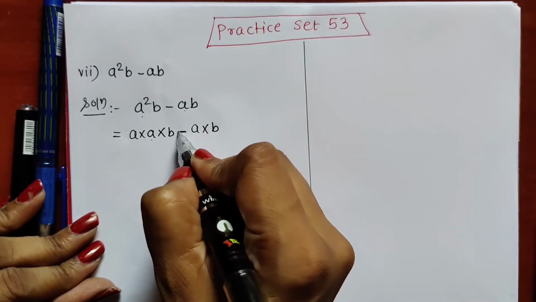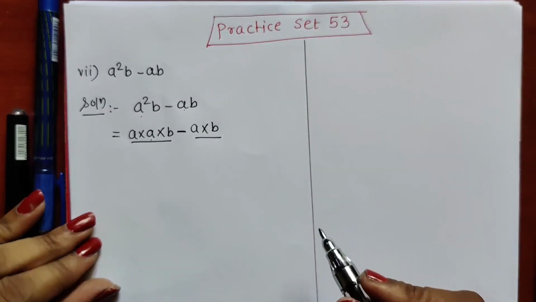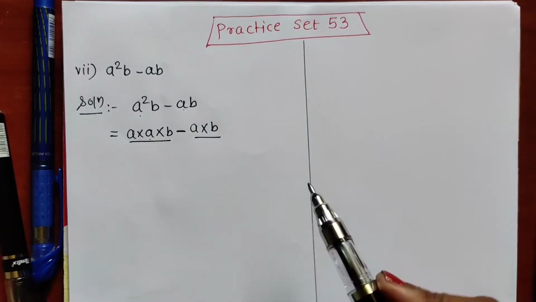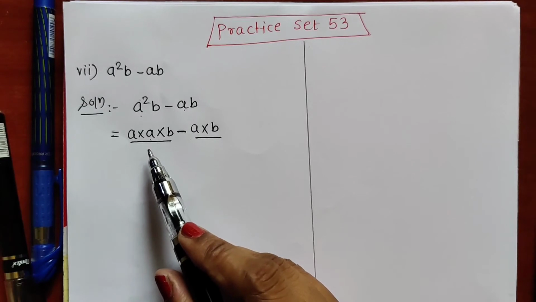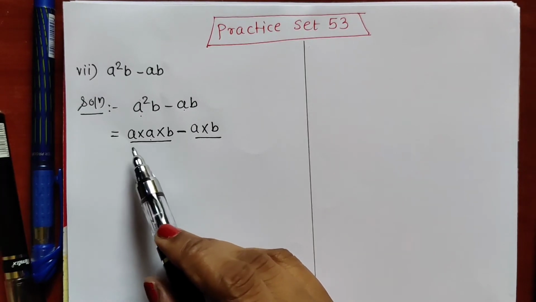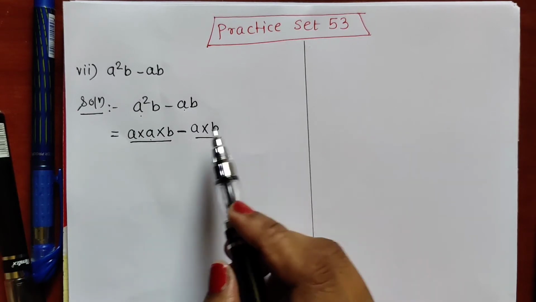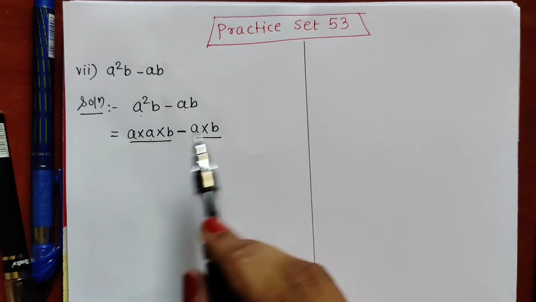Now see children, these are the two terms. This is one term and this is the second term. When multiplication is there, terms cannot be separated. Terms are always separated by plus or minus sign. Terms are not separated by a multiplication sign. If the multiplication is there, that is a single term. And when minus sign is there, the terms are separated into two terms.